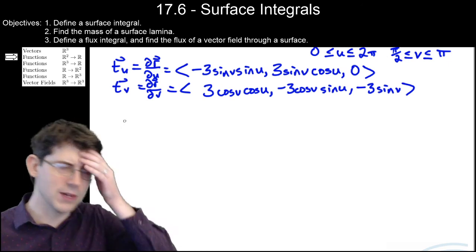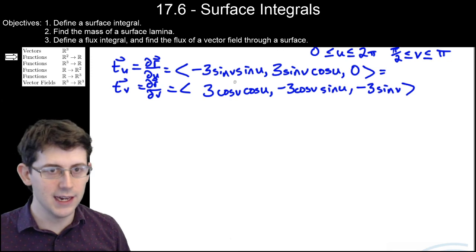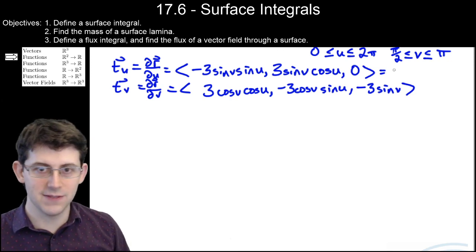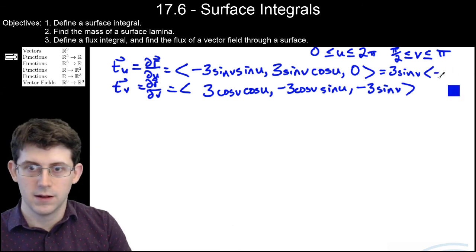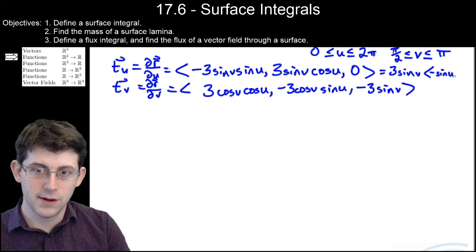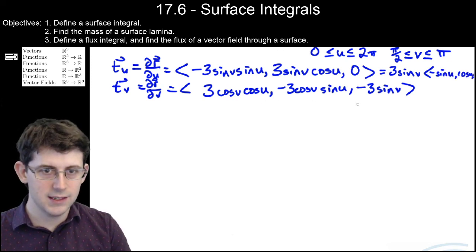Let's use this trick we had earlier in the section where it's a good idea to factor out scalars if you can. Like these all have a 3 sine v in them. Minus sine u, cosine u, 0. And these, do these have anything in common?